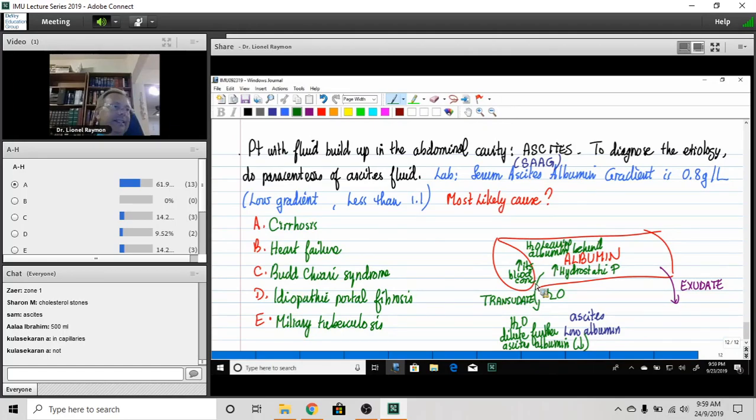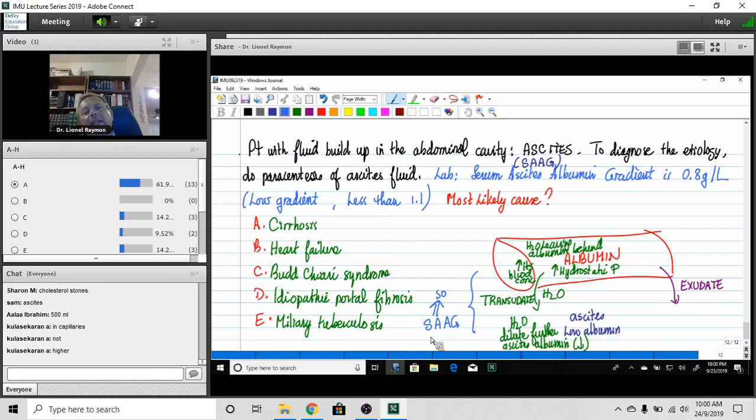In which case, guys, what should that do to the gradient? Should it be smaller, low, or should it be higher? Think. It should be higher, absolutely. So that would increase the serum ascites albumin gradient.